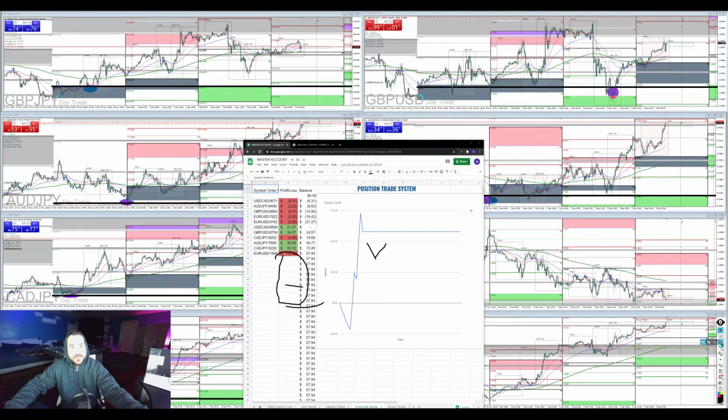Same thing with the position trades. All of this red to start off with. This. Only 4 greens. That.